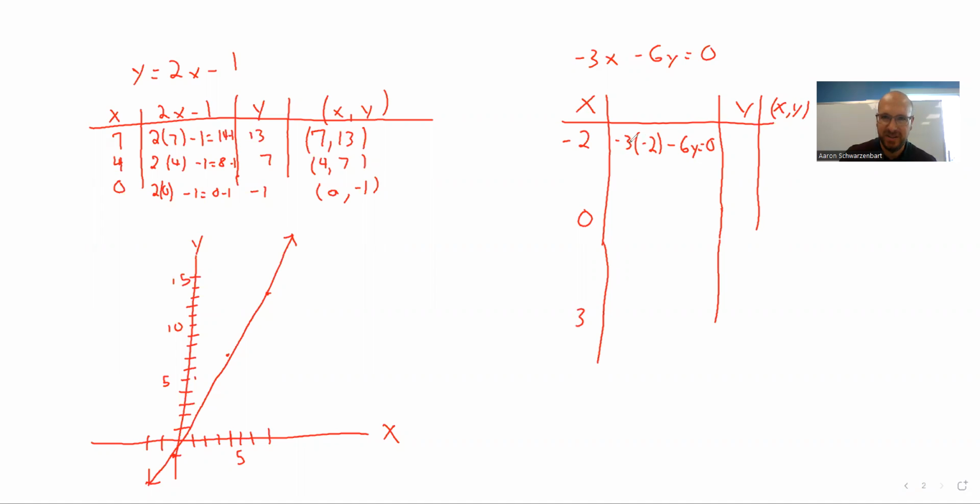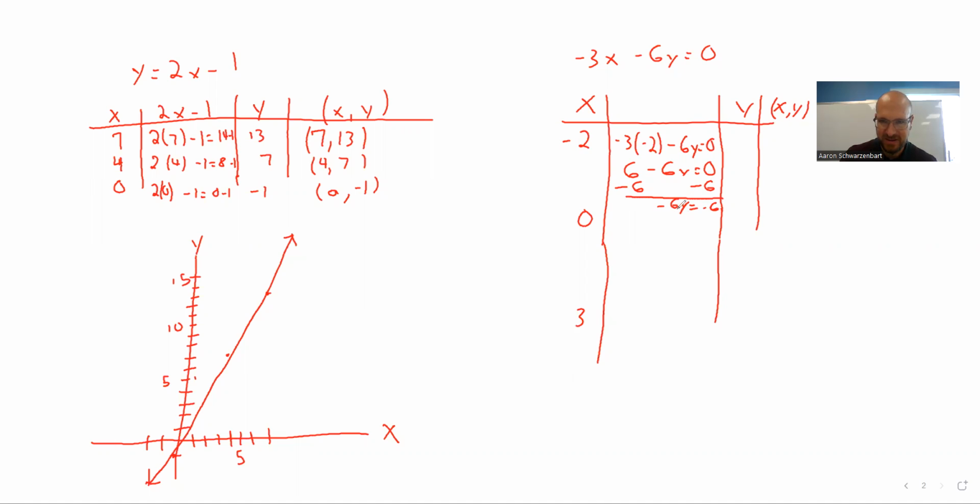Now I'm going to simplify. -3 times -2 is +6. So this is multiplying here. The parentheses imply multiplying. To solve this equation, I must move the 6 to the other side by subtracting it from both sides.